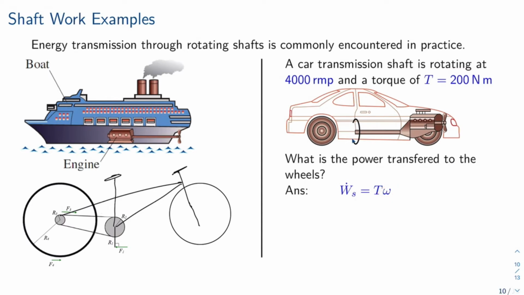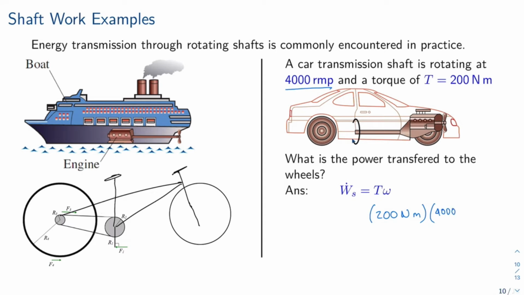In this case, the torque is 200 newton meters multiplied by the angular velocity, but the angular velocity is given in rpm, so we have to convert it into radians per second.